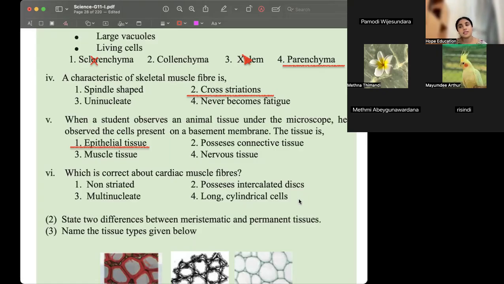Which has long cylindrical cells? Skeletal muscle tissue. Skeletal. Then what only cardiac has is intercalated discs. Striations are in both skeletal and cardiac, but intercalated discs only cardiac tissue has.